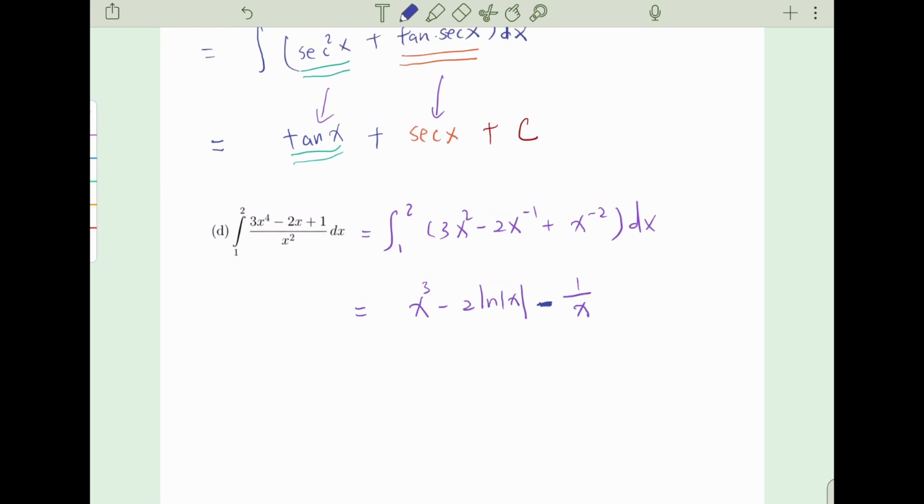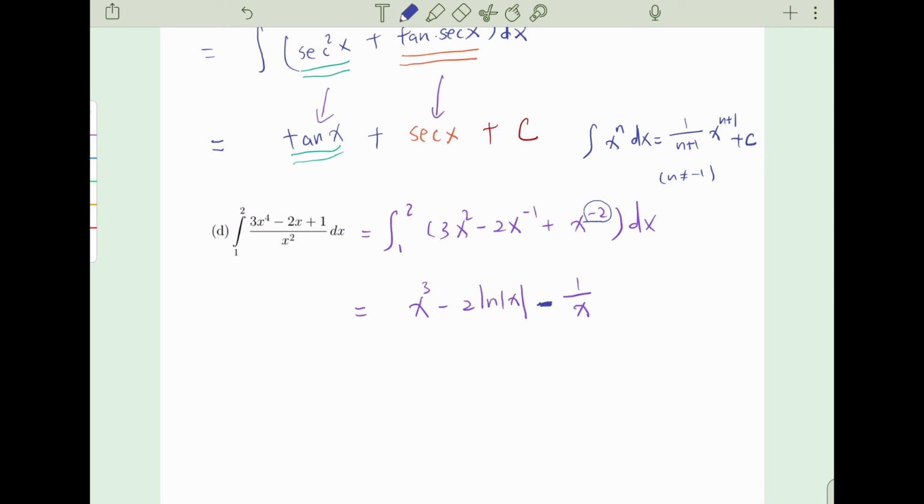If you're not comfortable seeing this, I remind you of this formula: the integral of x to the n dx is x to the n plus 1 over n plus 1, plus c, where n is not equal to negative 1. We are basically using this formula. The 2 here is the n, and n plus 1 becomes negative 1, and that's where the negative sign comes from.